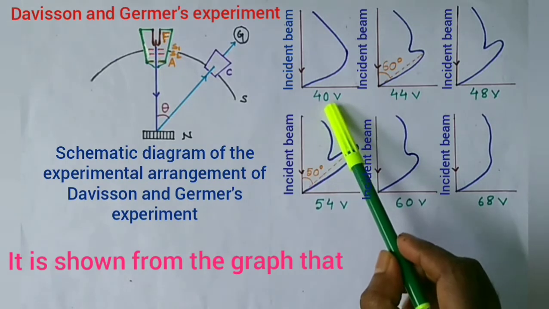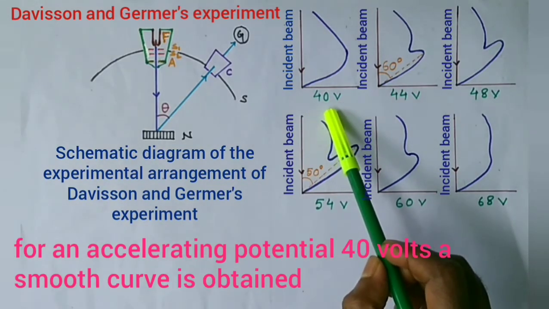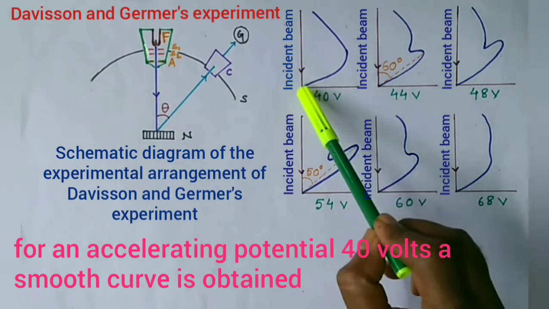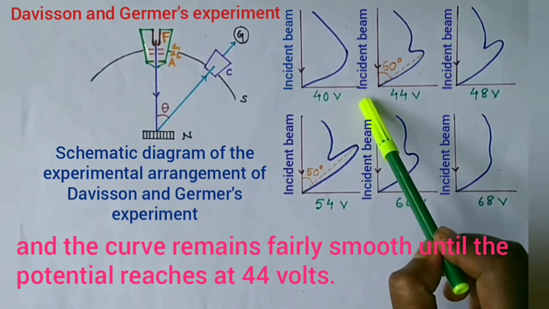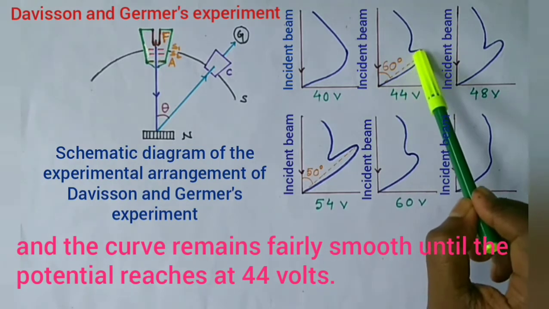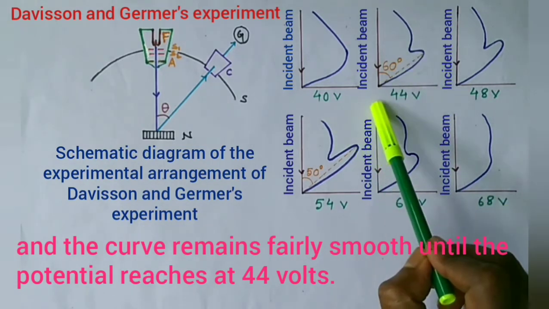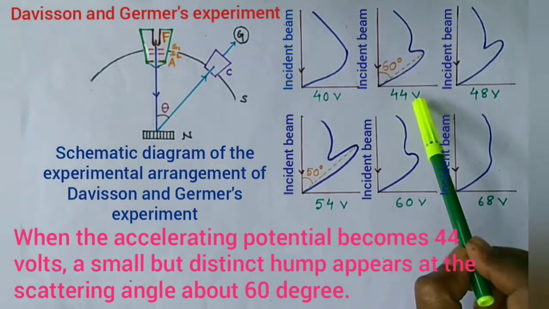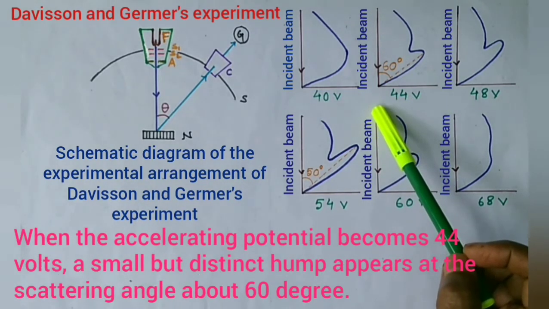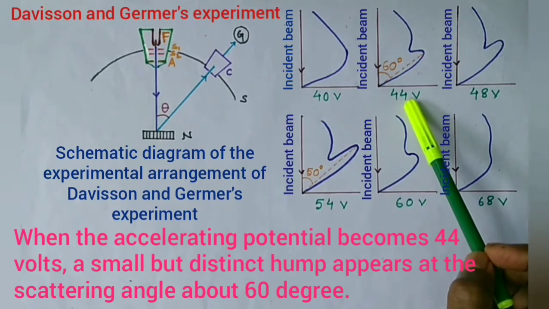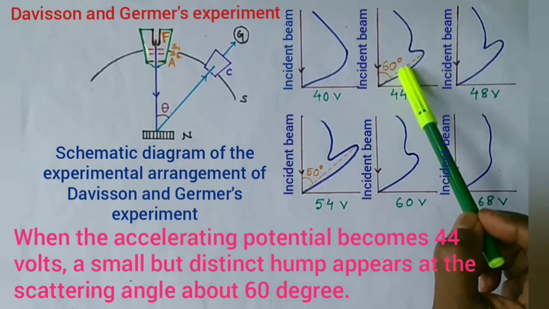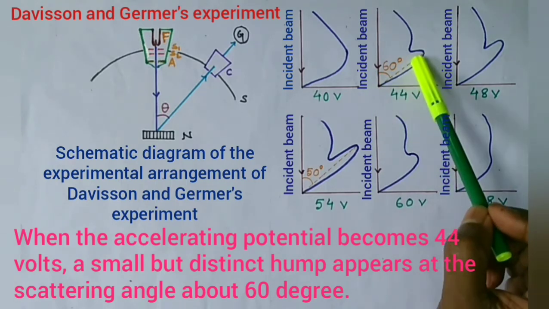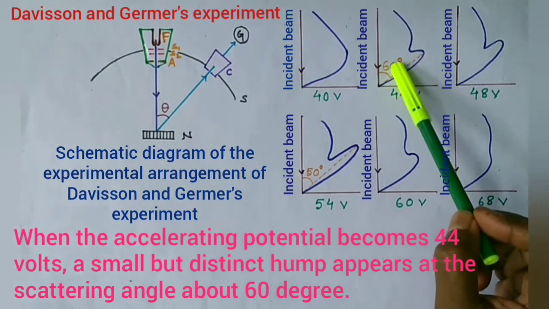It is shown from the graph that for accelerating potentials below 44 volts, a smooth curve is obtained, and the curve remains fairly smooth until the potential reaches 44 volts. When the accelerating potential becomes 44 volts, a small but distinct hump appears at a scattering angle of about 60 degrees.